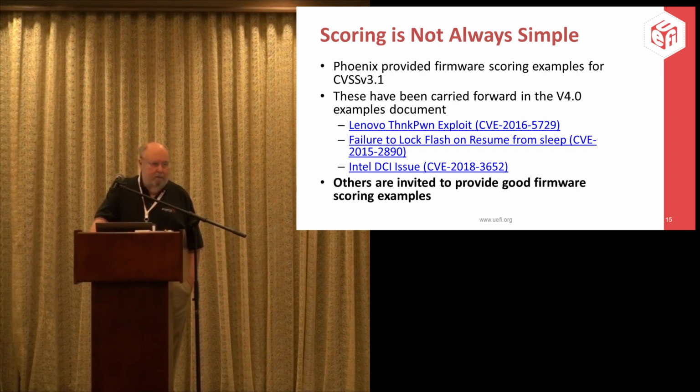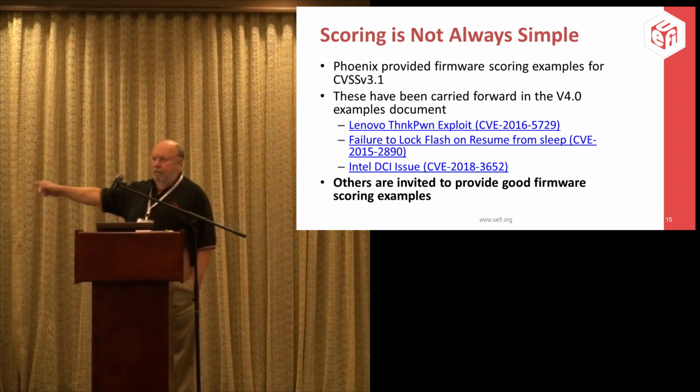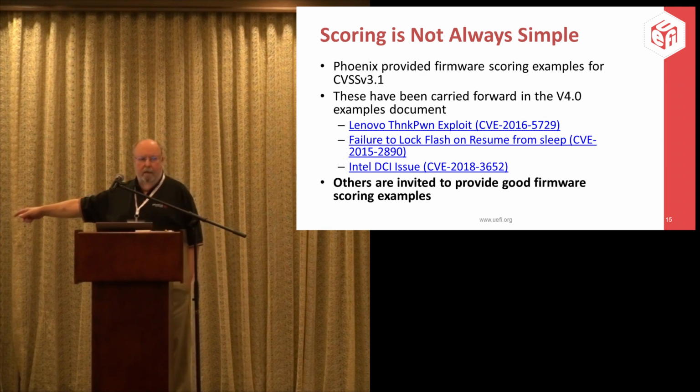So Phoenix was good enough, with Jim's help, to find three good examples of known CVEs that we added to the 3.1 documentation. And when we updated to the 4.0 documentation, removing scope and changing all of that, we updated those to show how you would score those three firmware problems as examples.